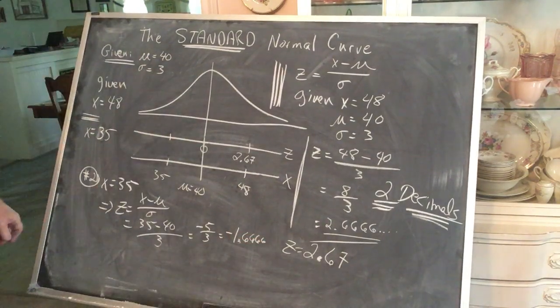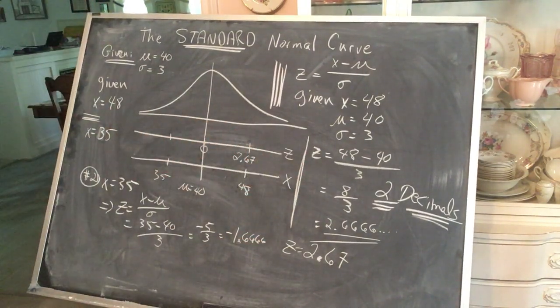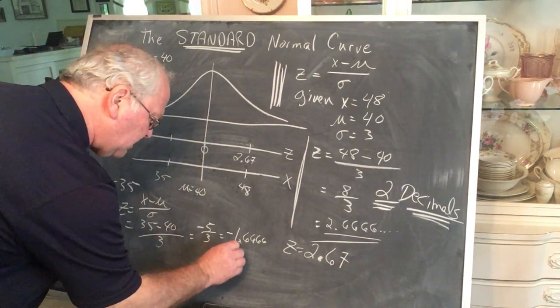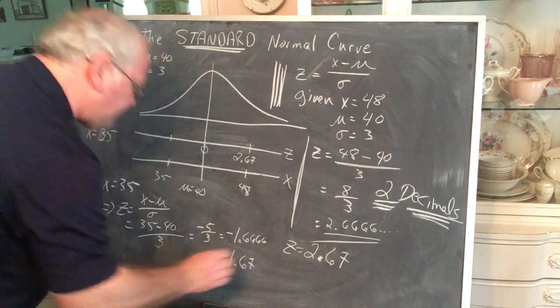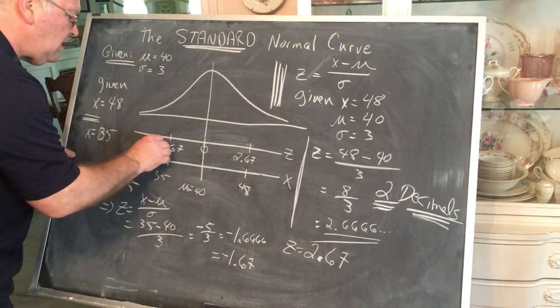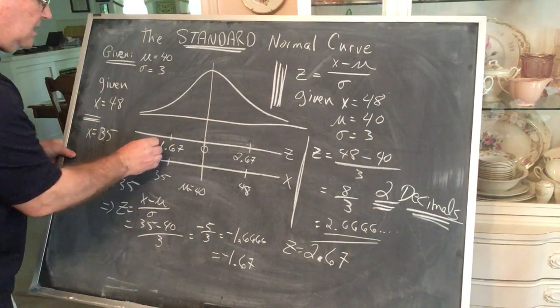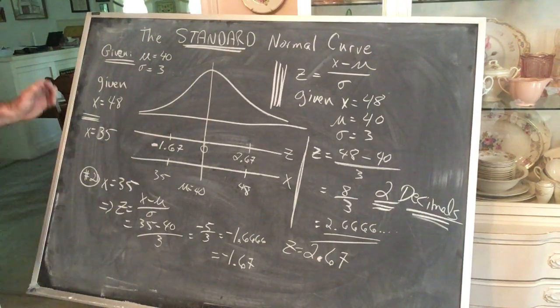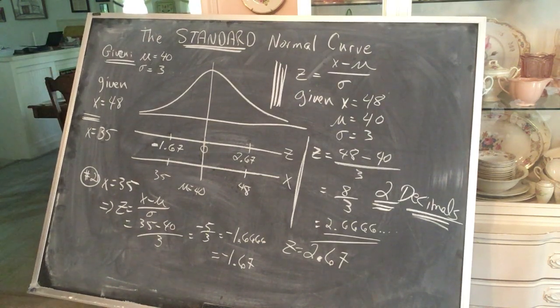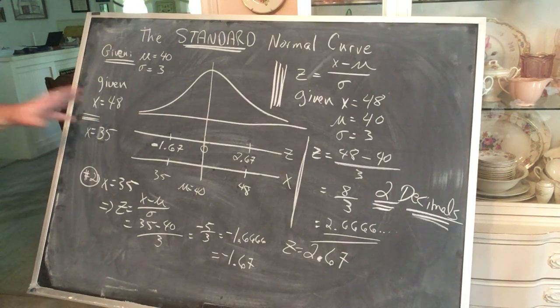And the same rules we're going to use before, you round to 2 decimals. So for our purposes, this will be negative 1.67. So far, that's all you need to be able to do. Given mu and sigma, and given specific values on the x-axis, you should be able to find the z-scores to which they correspond.